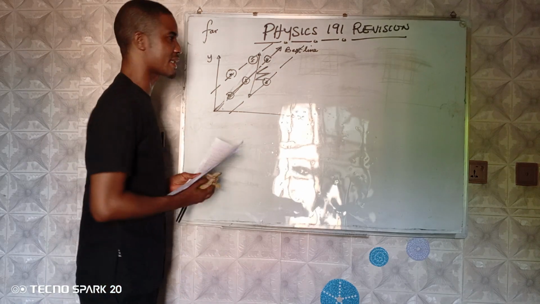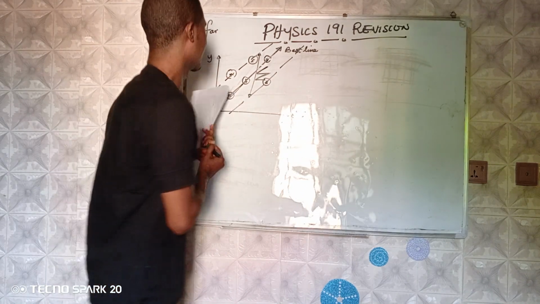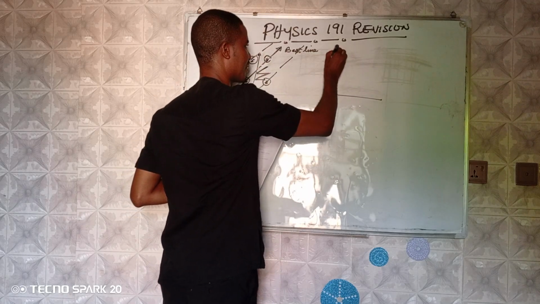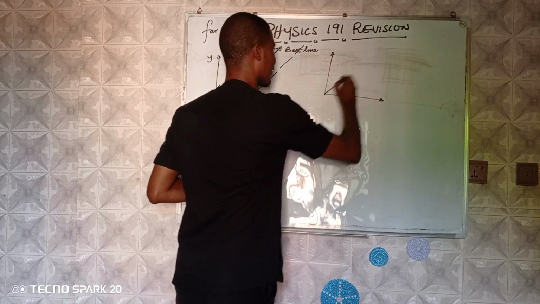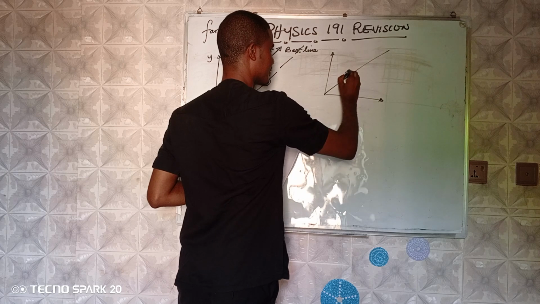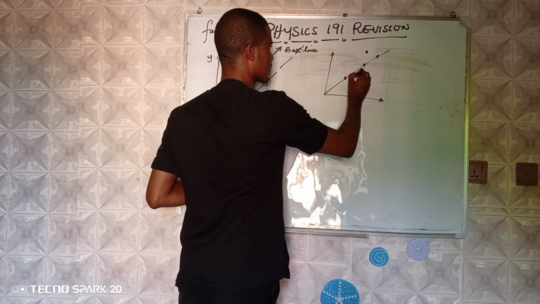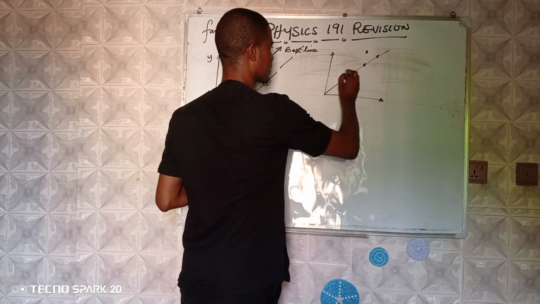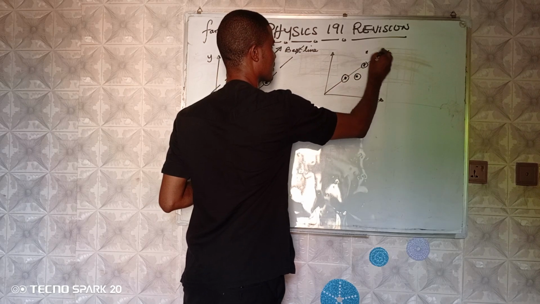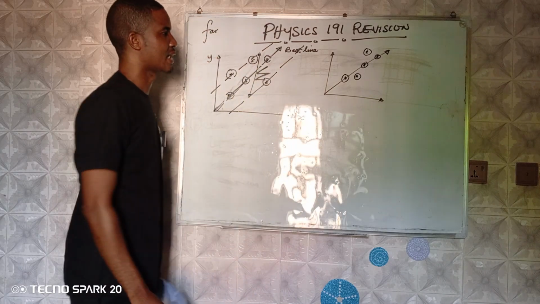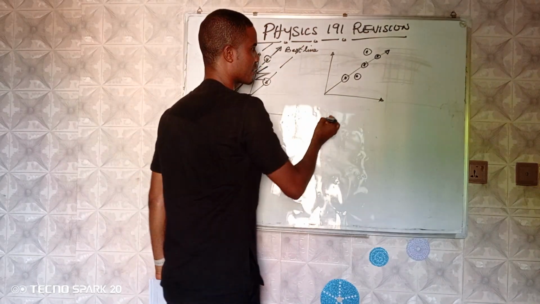Now, the next one is how do you get your slope? Let me draw it out again. Now, if I have my graph like this, I want to get my slope.